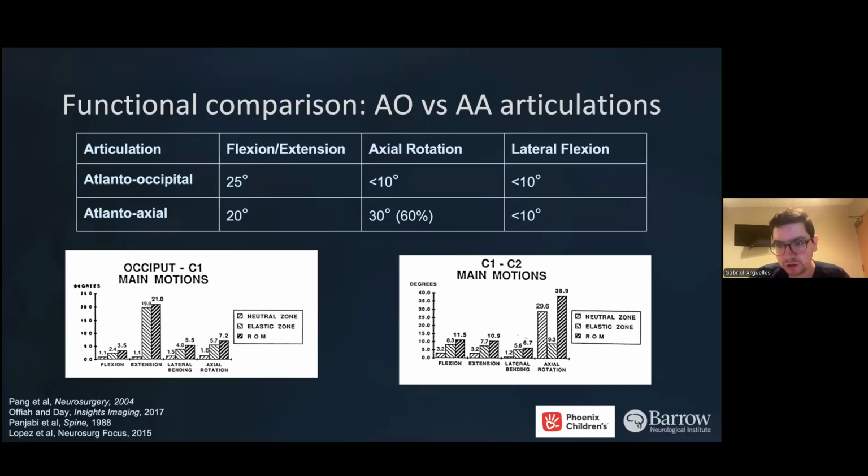They measured their neutral zone, where the ligaments are relaxed, and their elastic zone, where the ligaments start to tense up and the muscles tense up. And then the range of motion, which is the addition of these two things. These are terminologies used frequently in range of motion literature. You'll see that these numbers don't perfectly correlate with my table, but there have been some subsequent studies that added more insight as well.